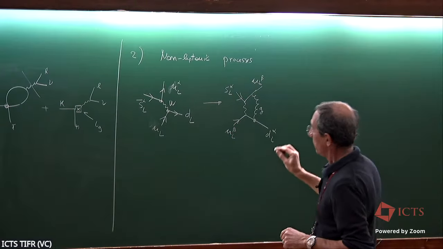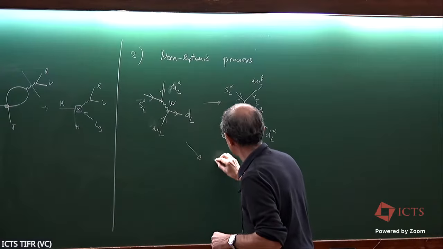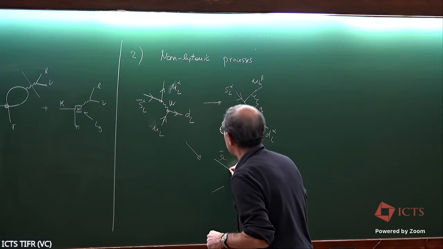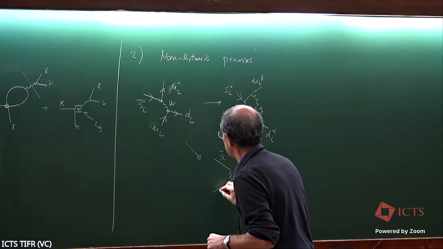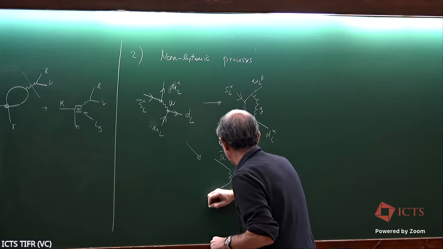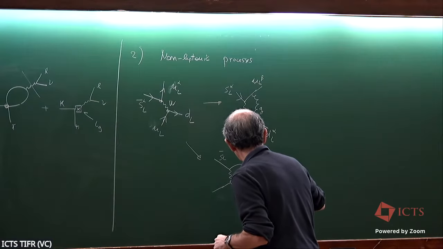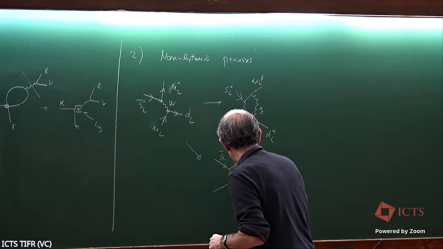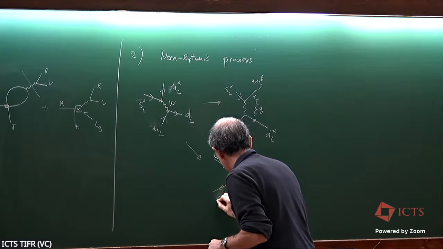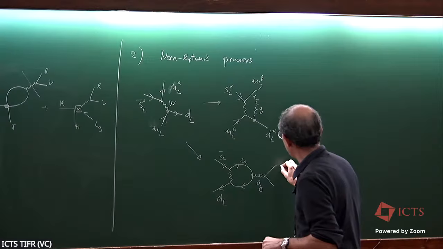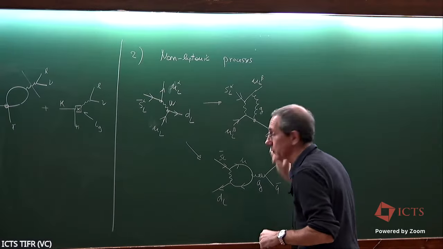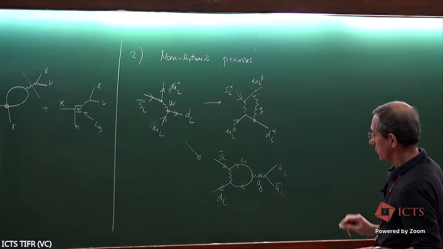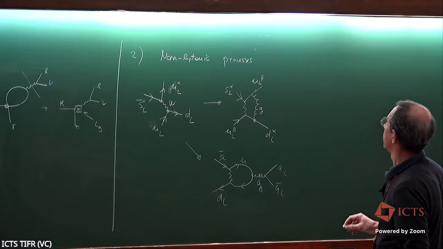But there can also be other things like this. I can have here my SU and then the U. If you have a gluon here, I can have anything, QQ bar.